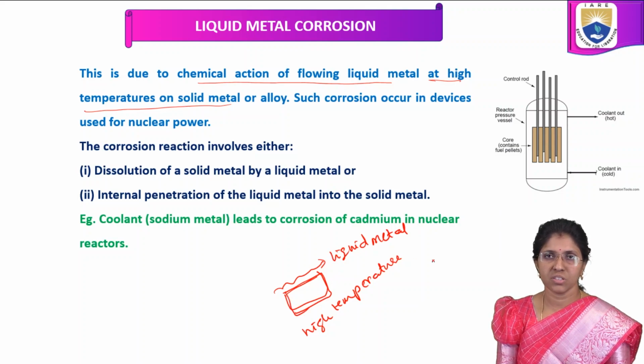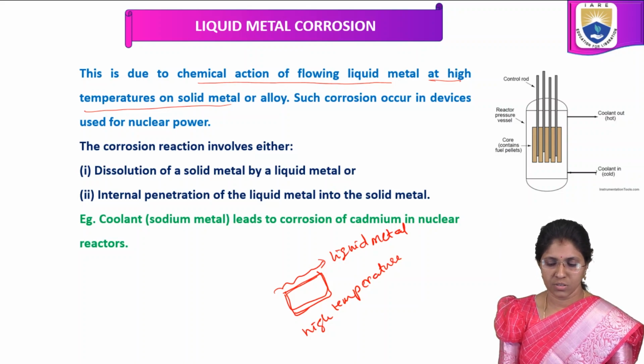Liquid metal is also a metal. This type of corrosion, where corrosion takes place due to flowing liquid metal, is called liquid metal corrosion.